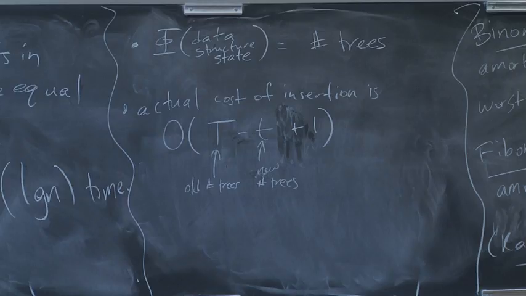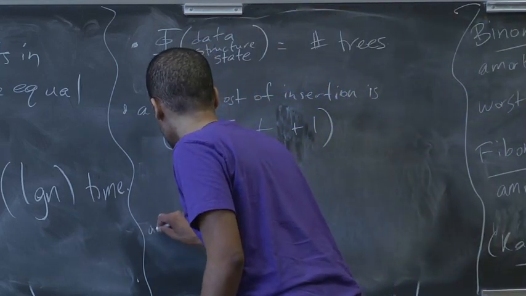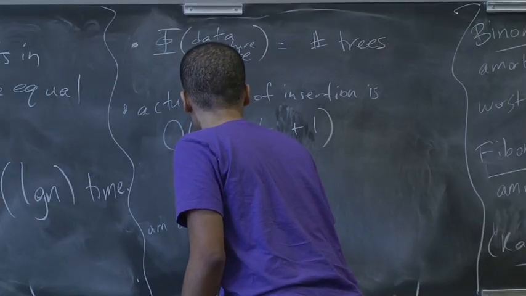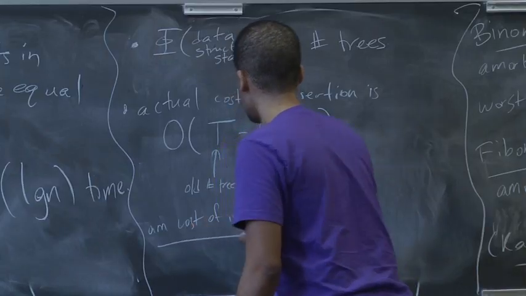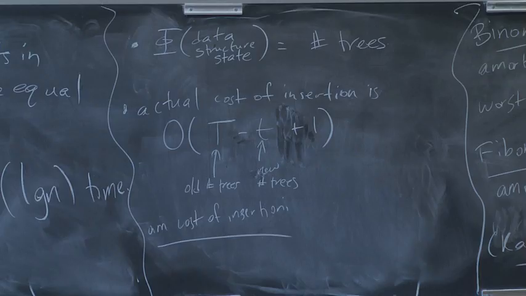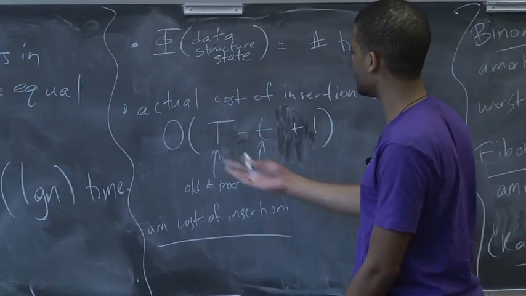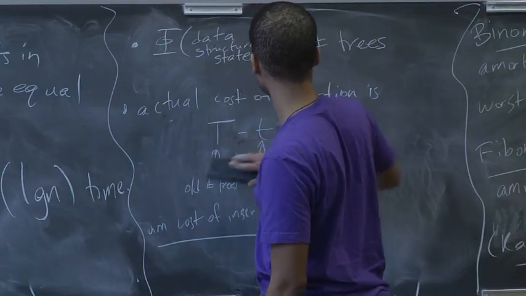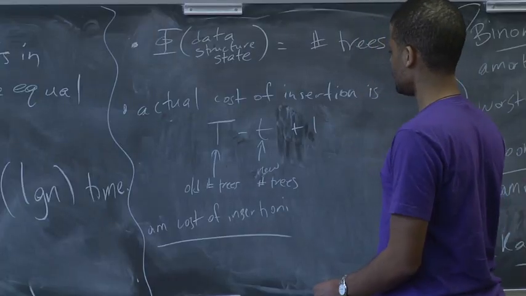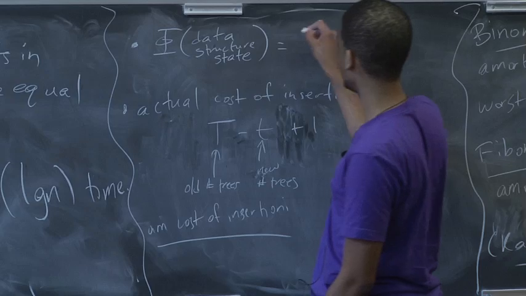Okay. And now let's look at the cost of an insertion. Remember what I said it is. It's the actual cost plus the potential difference. Let me ignore the big O for now. There's some constant times this, so I could put a constant on the outside and then the same constant there.